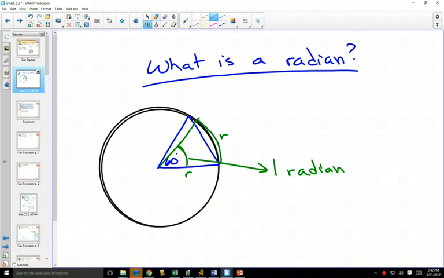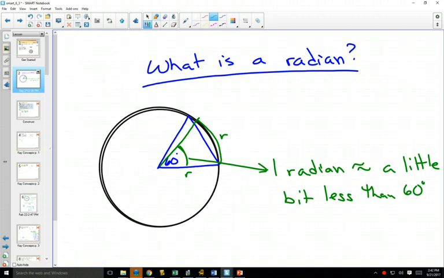So we can give now an estimate for a radian. 1 radian is a little bit less than 60 degrees. Does that make sense? 1 radian is going to be a little bit less than 60 degrees.